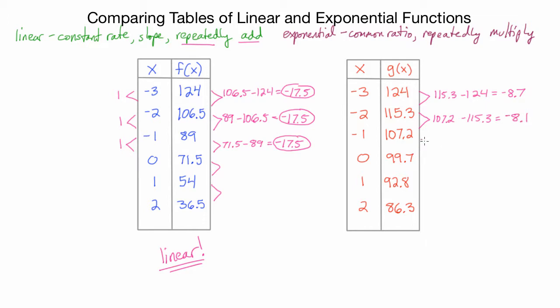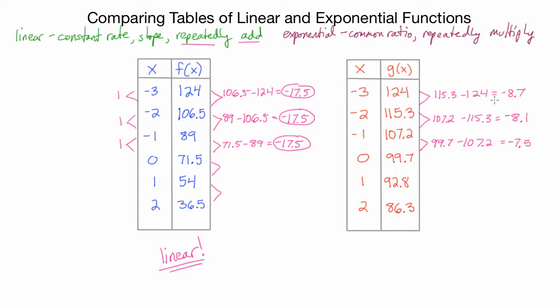Let's do the next two. Maybe that was just a fluke. 99.7 minus 107.2, and we get negative 7.5.